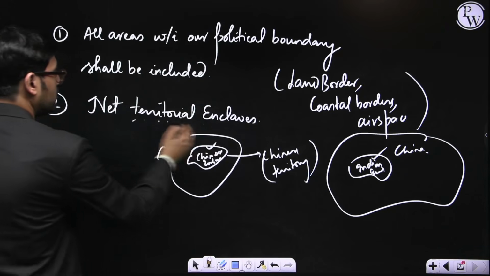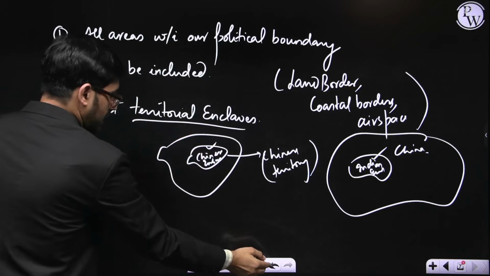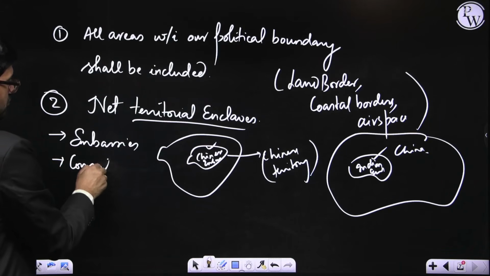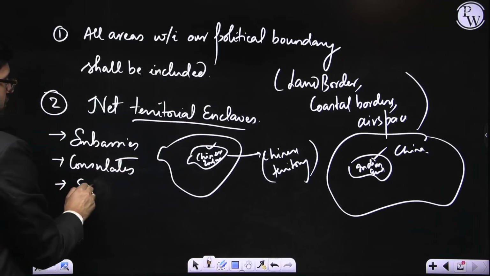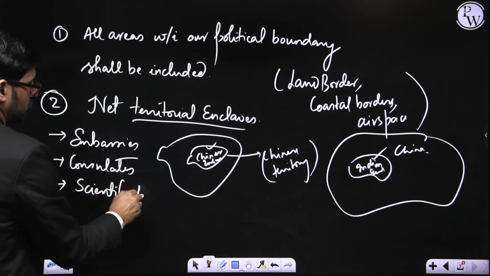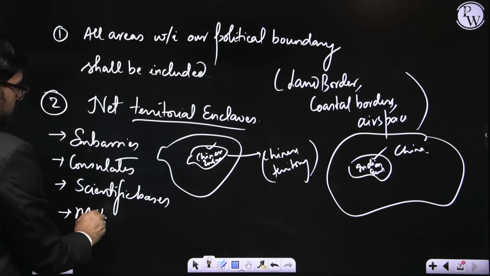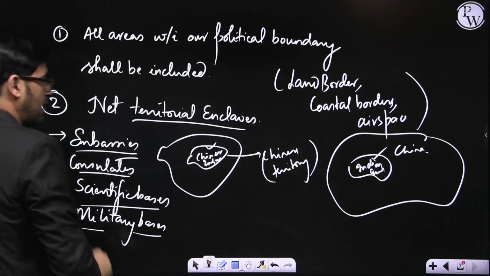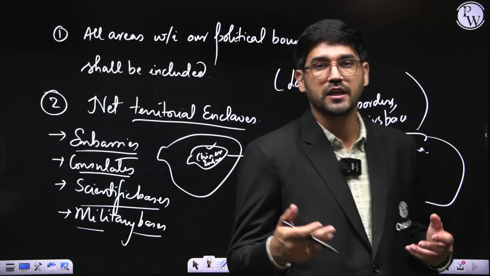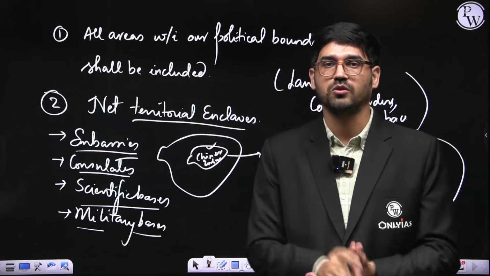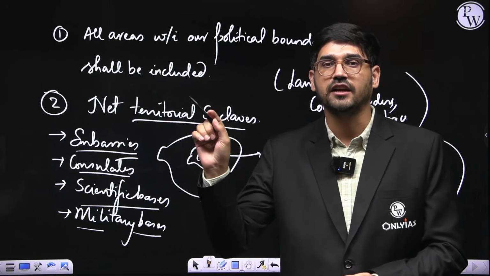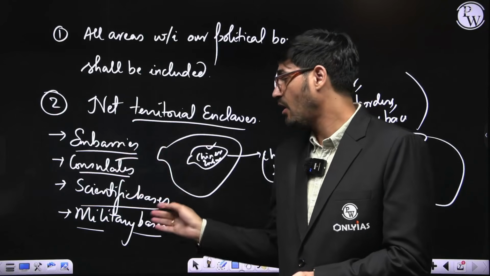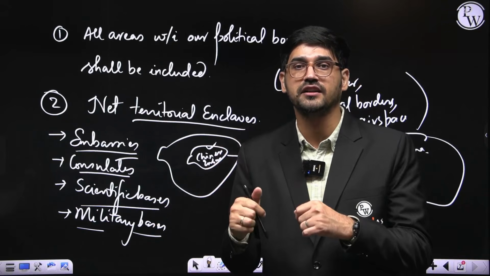Territorial enclaves include embassies, consulates, scientific bases, military bases, which means our scientific base, our military base, our embassy, our consulates in other countries of the world, we will consider that territory, or the area over which we have our consulates, embassies, scientific bases or military bases, as Indian territory.